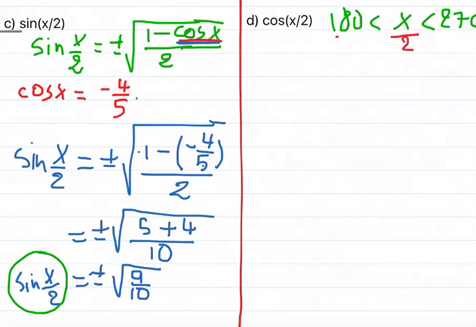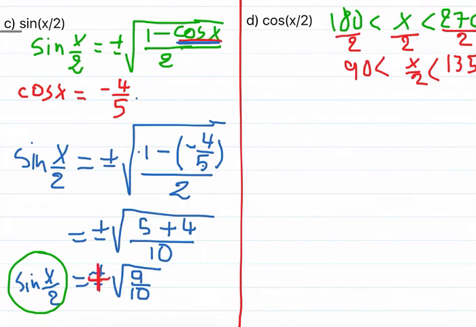Divide everything by 2 and you get the angle x over 2 between 90 and 135. Now when the angle is between 90 and 135, what is the sign of sine of this angle? This is the second quadrant, and the sign is positive. So here we take the positive sign.